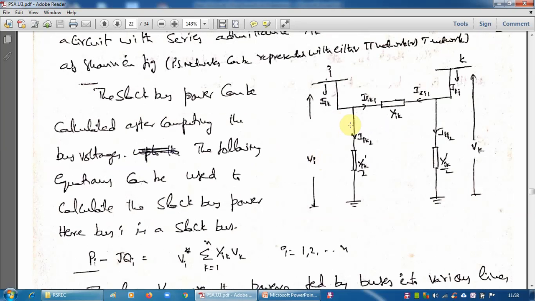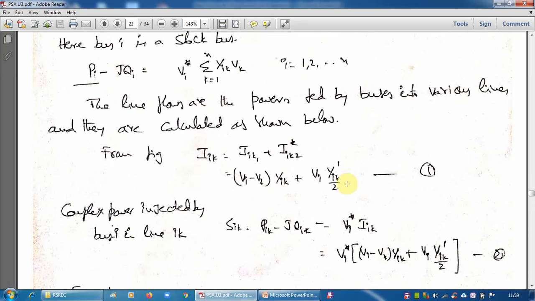And this current IIK2 can be written as VI into YI, only VI, as this is the current from ith bus to ground, expressed as VI into YIK. So this II or IIK, both are same. II or IIK is nothing but IIK1 plus IIK2. IIK1 is VI minus VK into YIK, and IIK2 is VI into YIK. Same thing is written here.